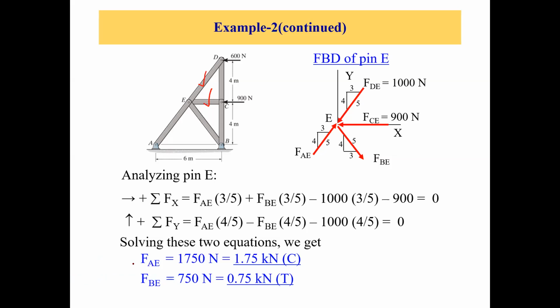So we get FAE equals 1750 newtons. FAE was already assumed as compression, and we get a positive number, which means that it's a compression. And for FBE, we get 750 newtons.